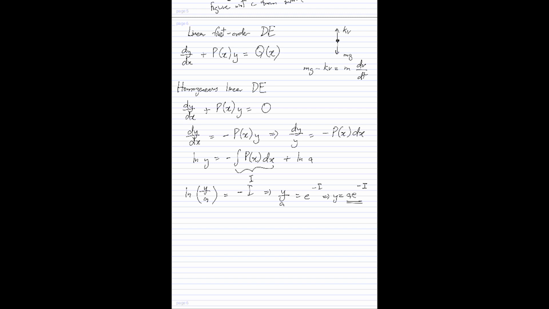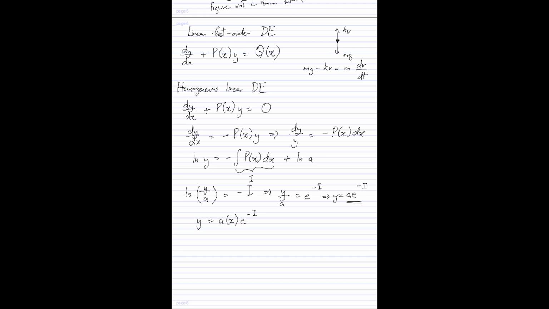But if q is close to 0, then a is close to being a constant, though probably it does vary with x. So in general, for the general linear first order differential equation, my guess is that y is equal to a, but now this a is not a constant, it's a function of x, times e raised to power minus I. That's my guess, and then I just have to find out what this a is.